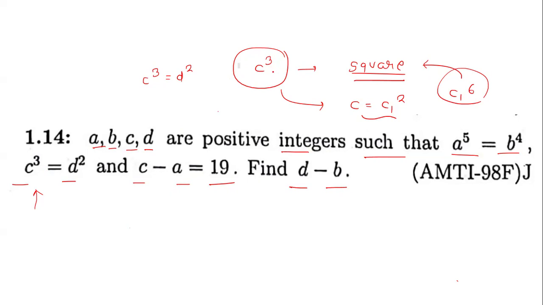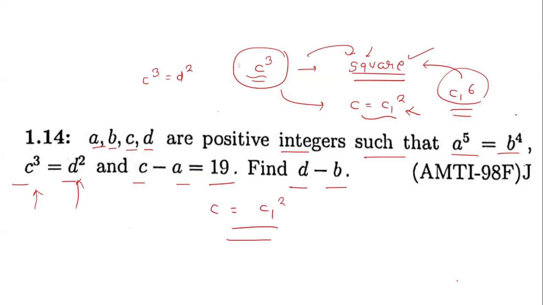If c is not c1 squared, it cannot fulfill the square condition. So c must be some c1 square type of quantity.